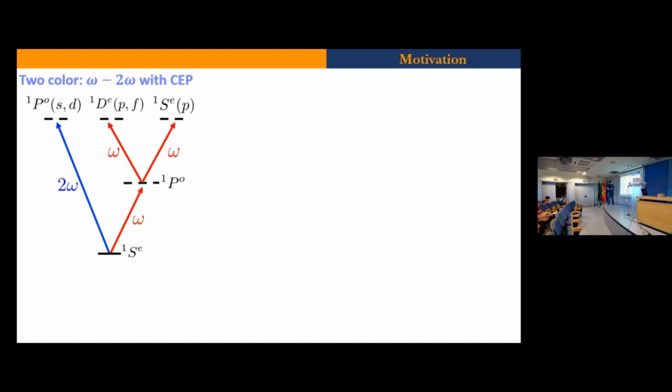So all of these three channels will interfere, and the idea is to change the relative phase between these two pulses and measure somehow this interference, that is, the phase difference that the wave packet accumulates in these two quantum paths.